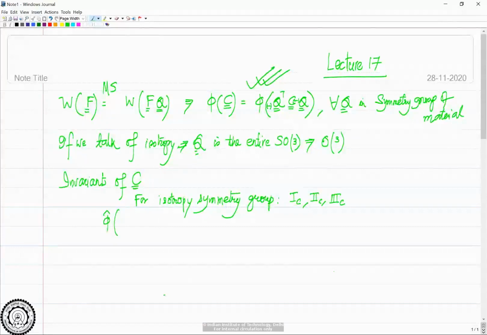It can't depend on any arbitrary form of C. It has to depend on these invariants, and then the relationship can be arbitrary, just that it has to be a function of invariants.